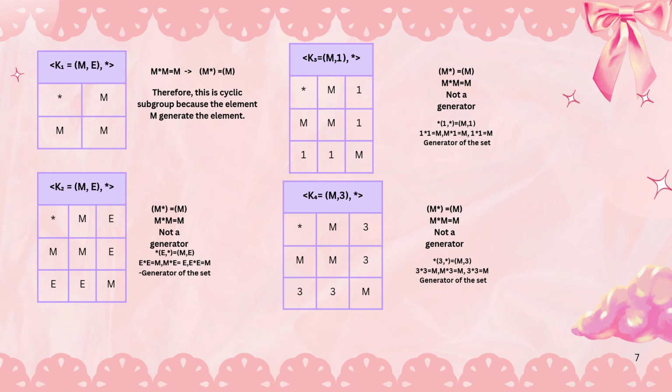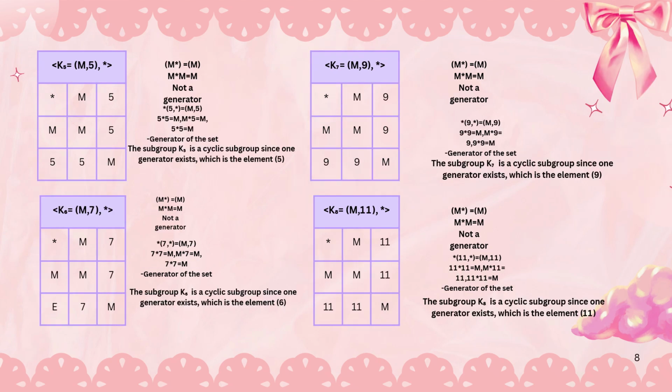Now, let us proceed to the next case, in which the generator of the set is 3. While here on the case of 5, with the elements M and 5 under the binary operation, M operates M, which is not a generator.